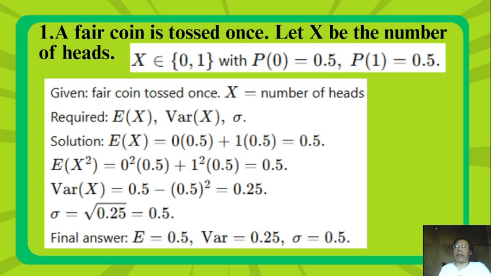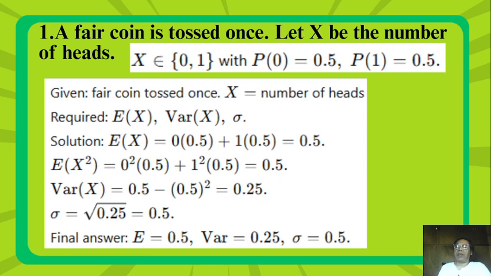We are given a fair coin tossed once, where x is the number of heads. Required: the E of x, the variance of x, and the sigma.